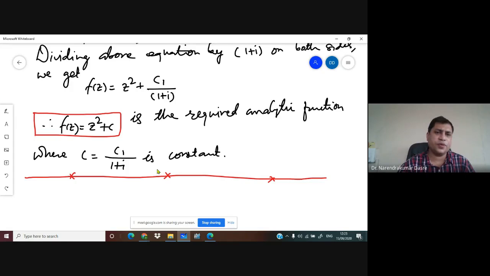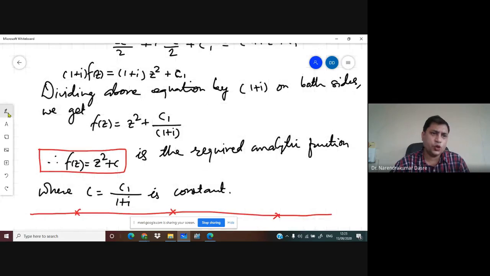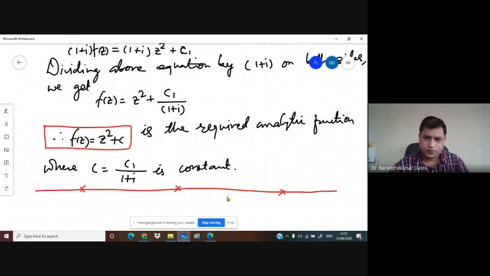So this way we are able to get the analytic function f of z if we know u plus v or u minus v.